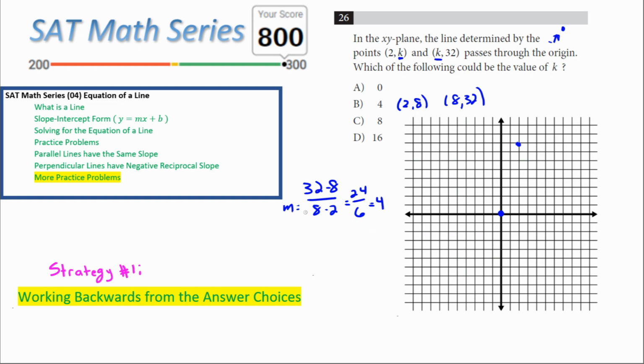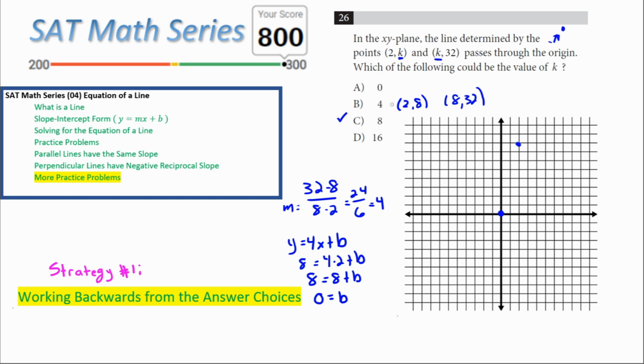Then using one of the points, say the first point, we would get y is equal to 4x plus b, and then use the point: y is 8, and x is going to be 2. And here we're going to get 8 is equal to 8 plus b. And b is then equal to 0. That is, it passes through the origin. So this is answer choice C.